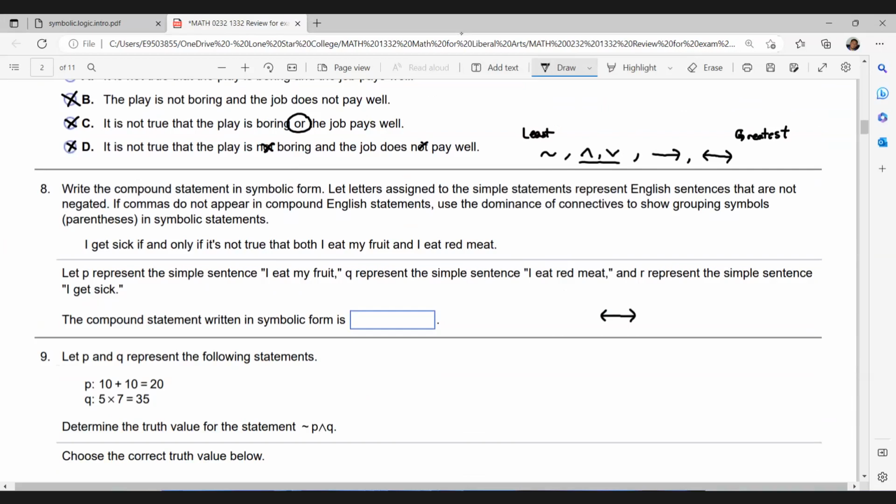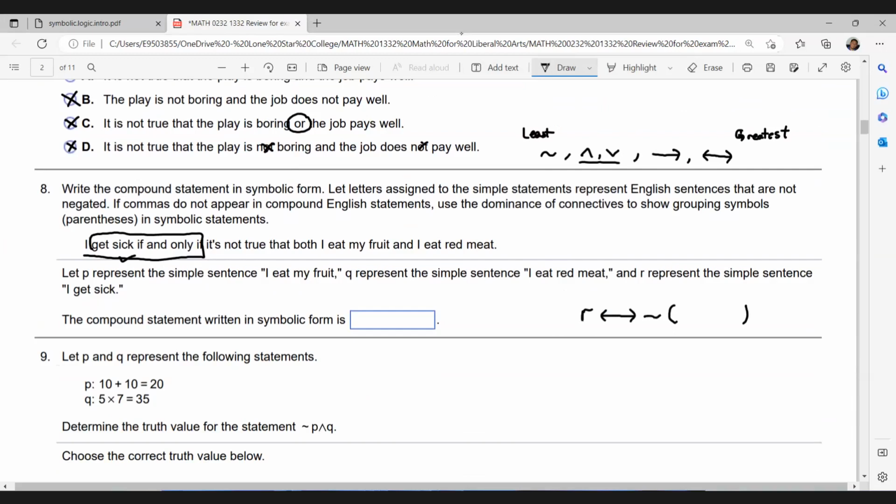If I get sick, okay, let's see. It says let R represent I get sick. So, okay, there it is. There's the first part of this, all of this right here. Okay, so that's taken care of. And then we have to take care of it is not true. We saw that earlier. That is the negation with the parentheses.